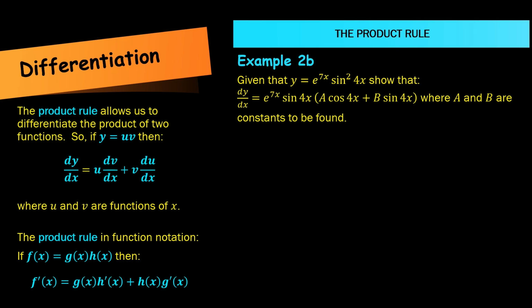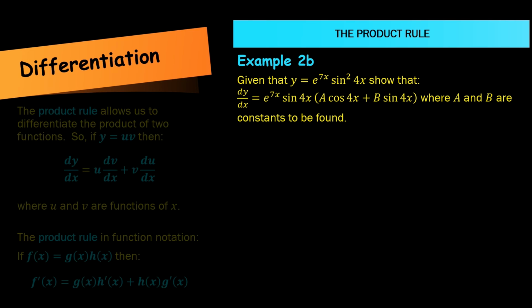And now let's solve part B. Given that y equals e to the power 7x times sine squared 4x, show that dy dx equals e to the power 7x times sine 4x times a cos 4x plus b sine 4x, where a and b are constants to be found.